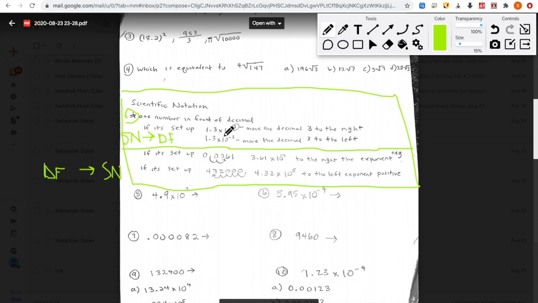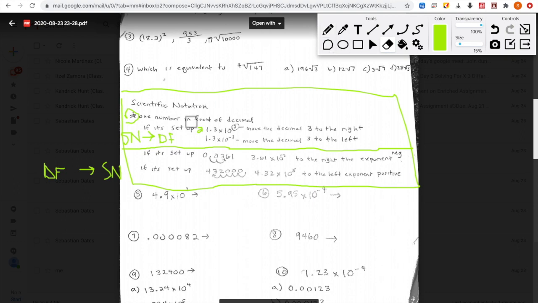If we look at these proper forms of expanded notation, in front of the decimal, we have one number. I don't mean the number 1, I mean we have exactly one digit in front of the decimal. We don't have two things in front of the decimal, like 21 point.